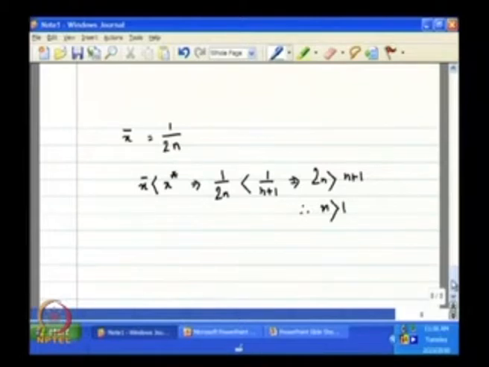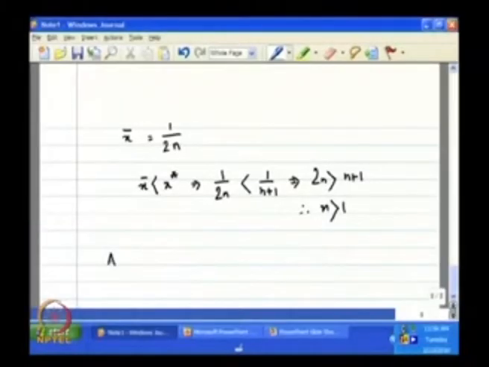So, the number of firms must be greater than 1, otherwise it does not make any sense. Now, if the number of firms is greater than 1, then if each firm's resource use is 1 divided by 2n, that resource use is less than the Nash equilibrium resource use.